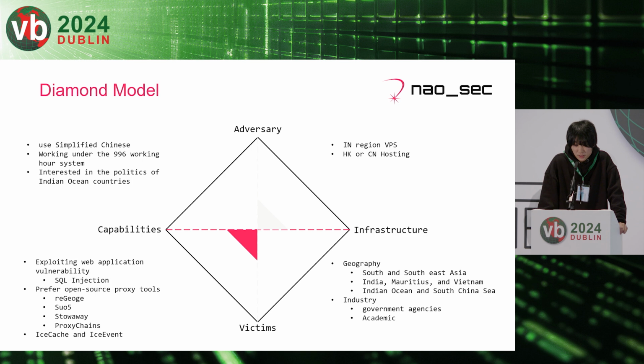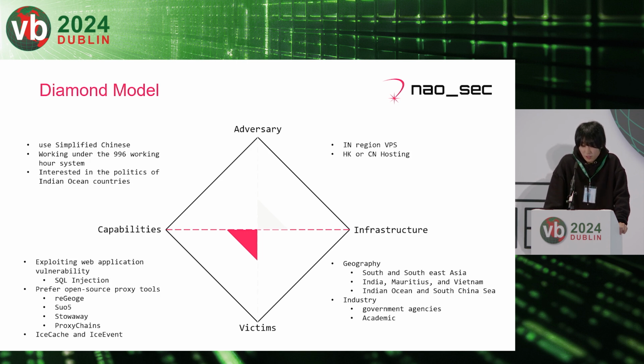We will summarize the attribution information using the diamond model. IcePeony consists of simplified Chinese speakers who show interest in the governments of Indian Ocean countries and work under the 996 working hour system.